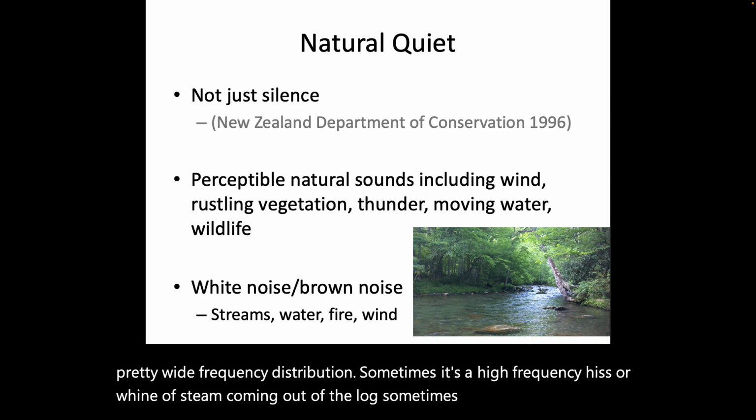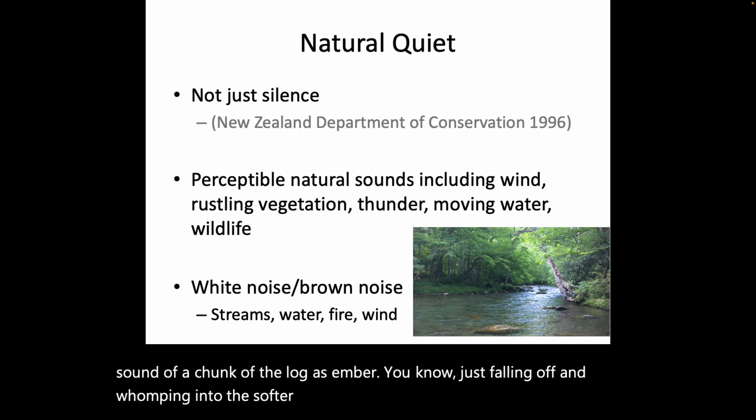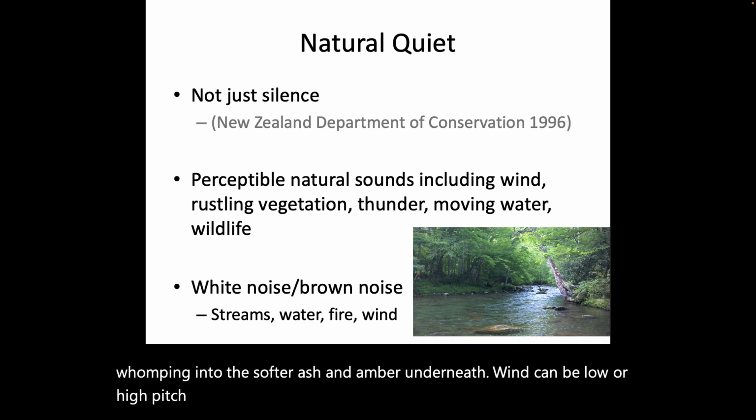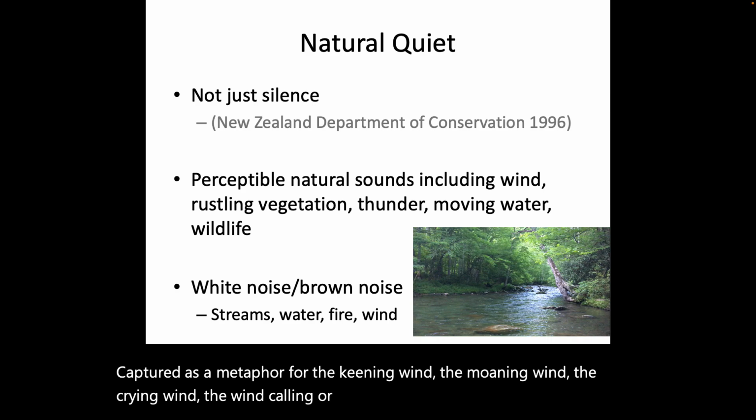Sometimes it's a lower frequency sound of a chunk of the log as ember, just falling off and lumping into the softer ash and ember underneath. Wind can be low or high pitched. That's been captured as a metaphor for the keening wind, the moaning wind, the crying wind, the wind calling or singing, right? Because there is a pitch associated with that.